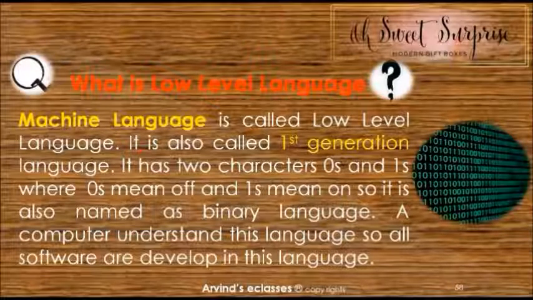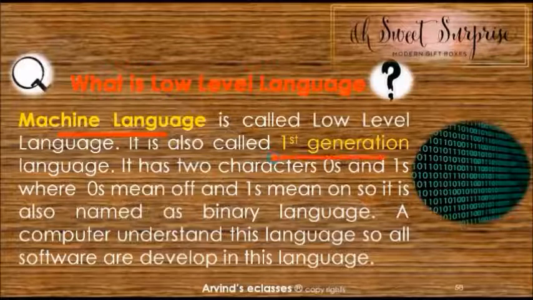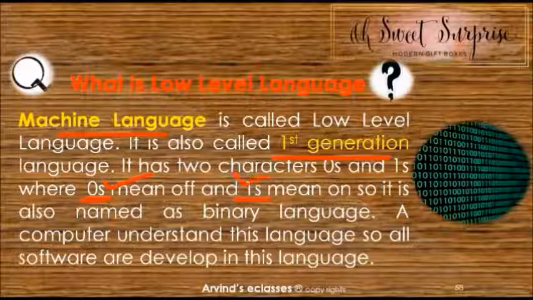So it is machine language. First of all, what is machine language? All machines understand two commands, that is on and off, right? So that on and off command is called your machine language. It is also called your first generation language. Here on is represented with 1 and off is represented with 0, and because it has two characters, that's why it is also called binary language.